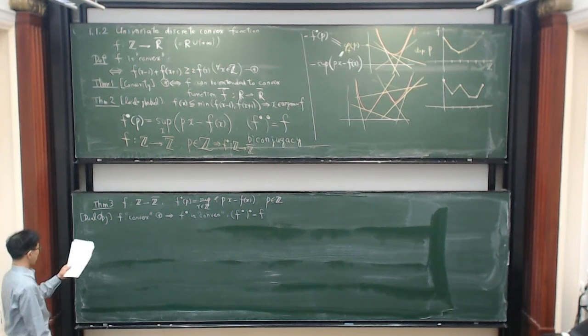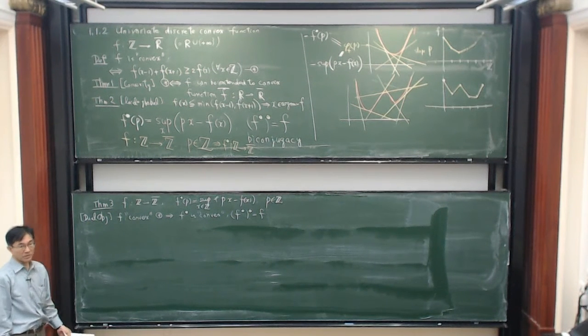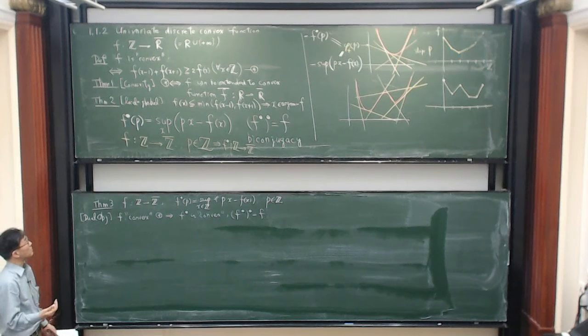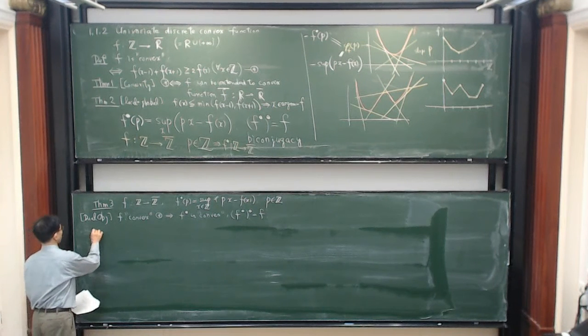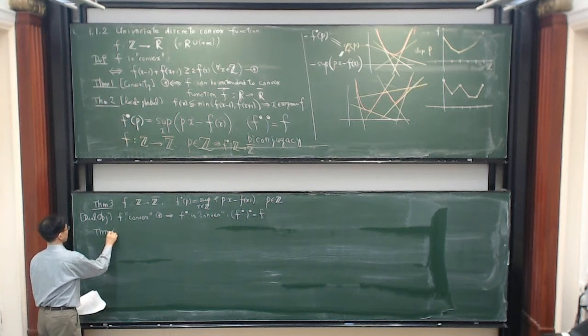Now, this should be called the dual object. What else should we have? We must have something similar to Farkas lemma, a separation type theorem. And that is geometrically easy.